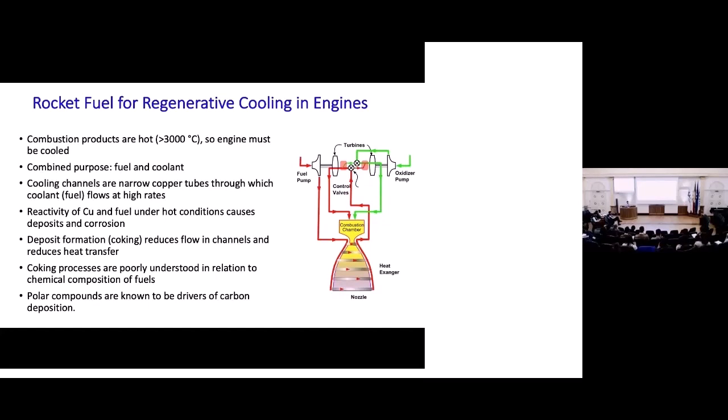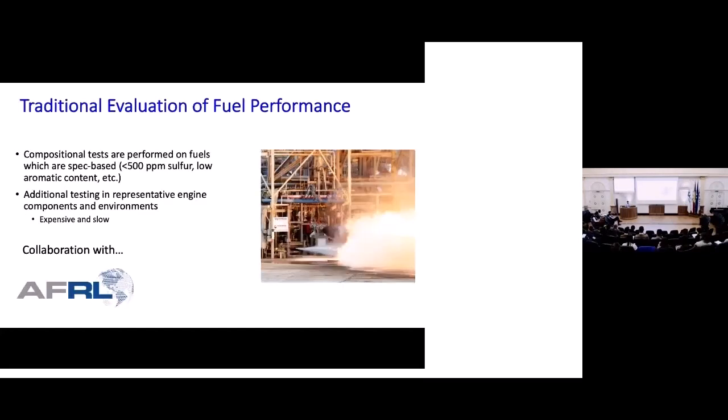And so we want to develop new ways to characterize, at a base chemical composition level, what sort of polar compounds are leading to lower thermal stability and a higher degree of carbonaceous deposits.